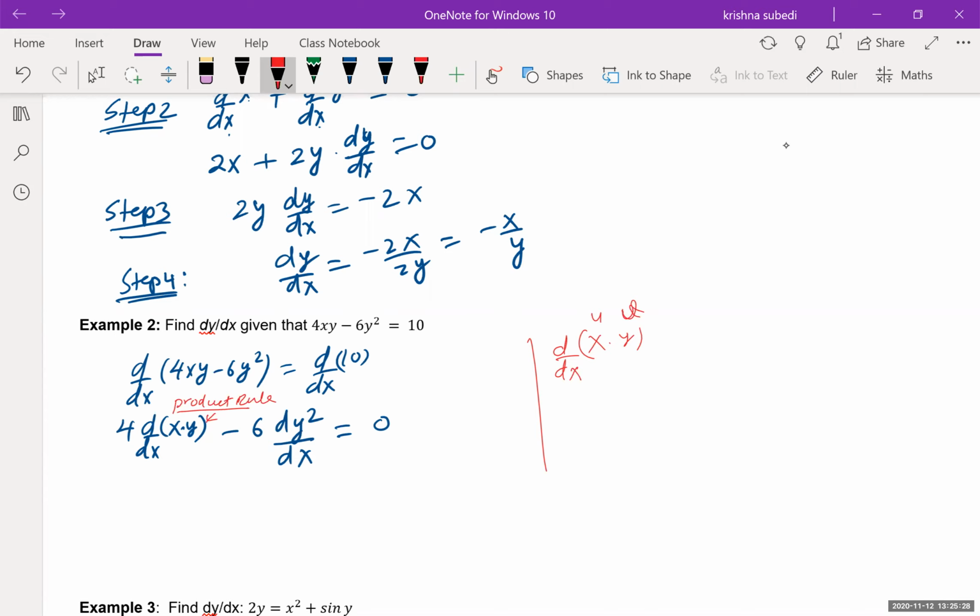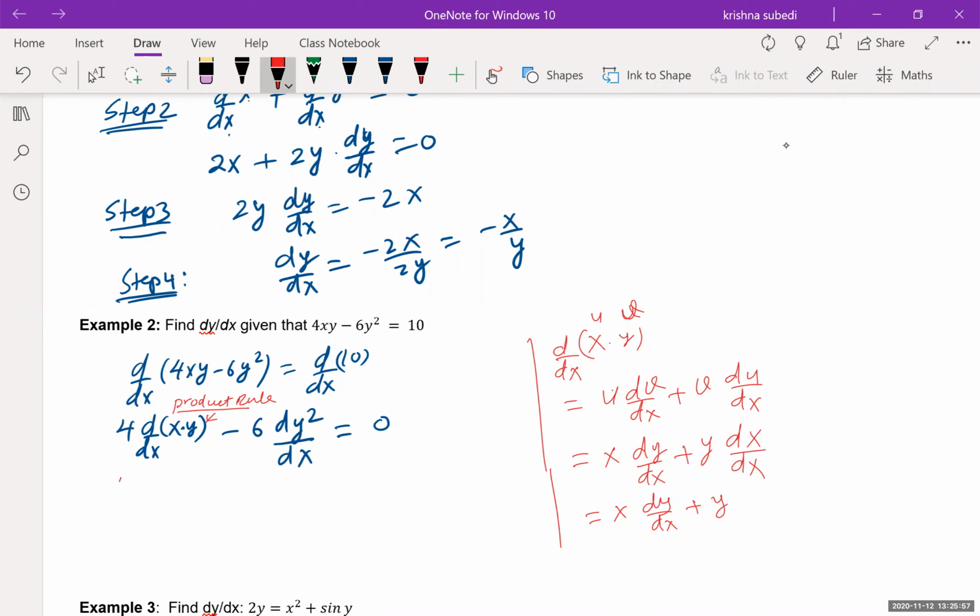Using the product rule, we know the formula: u dv over dx plus v du over dx. So that's going to give me x dy over dx plus v, which means y, times du over dx, which is the derivative of x. So basically we're going to get x dy over dx plus y.